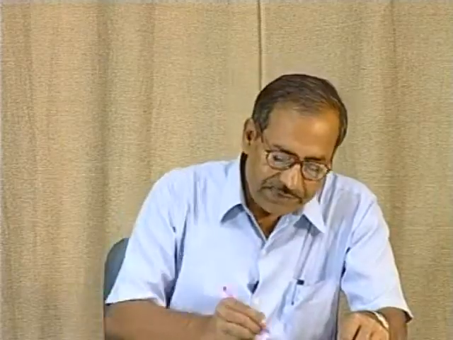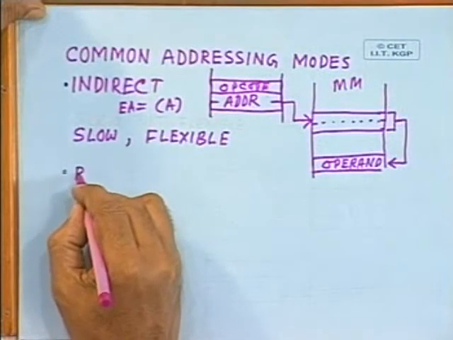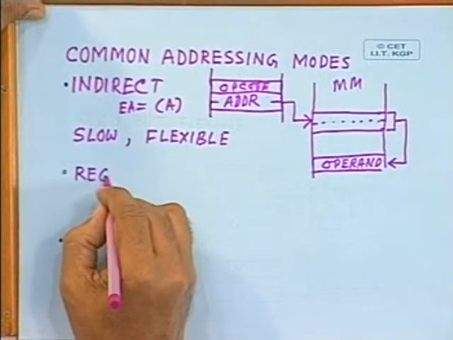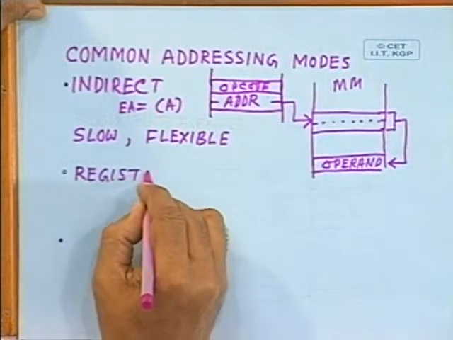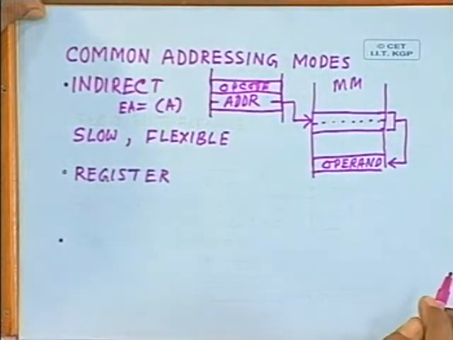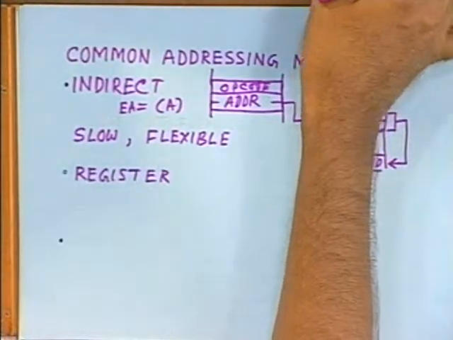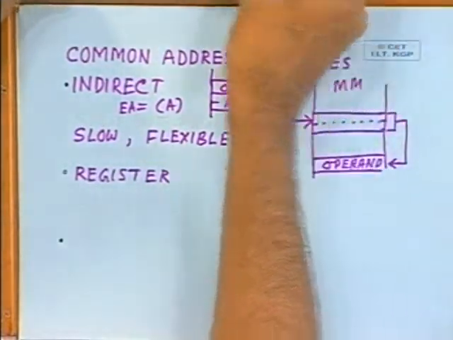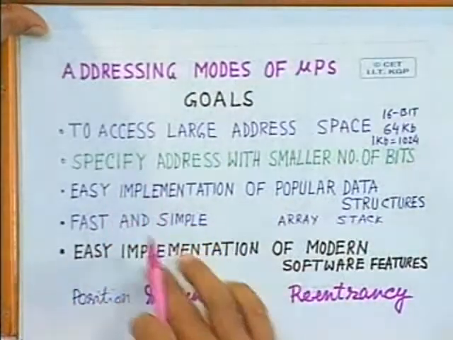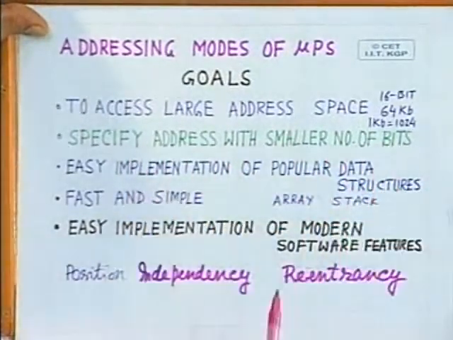Then comes register addressing. As I told you, one of the main objectives of addressing modes is to specify the address with a smaller number of bits.